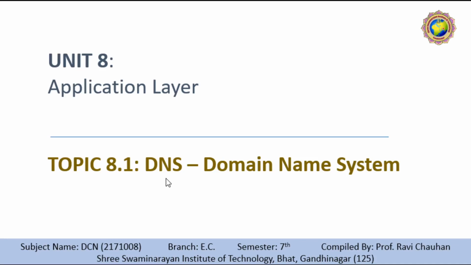First, those that can be directly used by the user, such as email, and second, those that support other application programs. The Domain Name System, called DNS, is a supporting program that is used by other programs such as email.